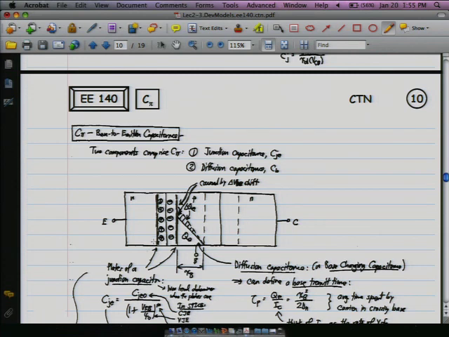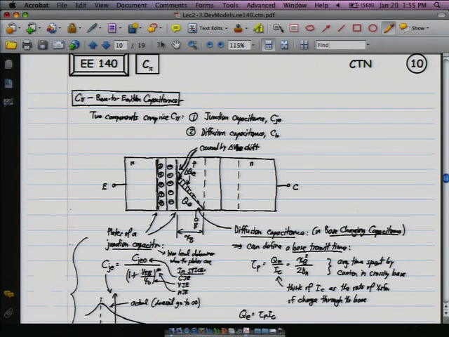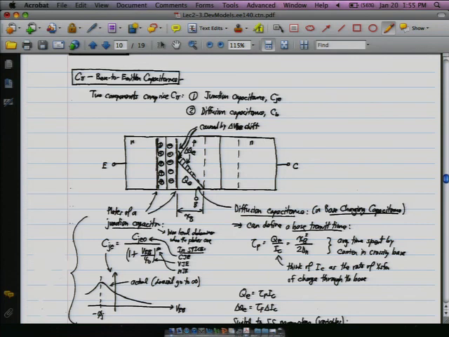Basically, it ends up taking a very similar form, which is that this cap that we're looking at here is a function of its value at the zero bias point and the voltage that you apply across it, and again, some other parameter down here.